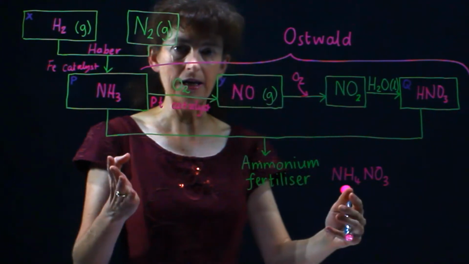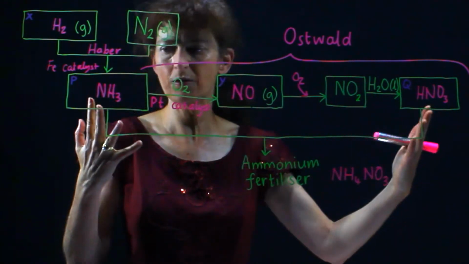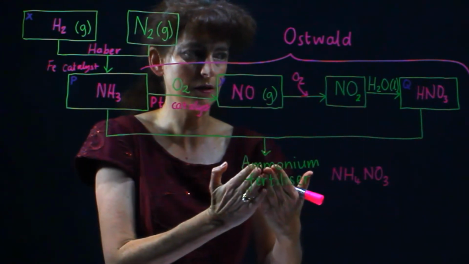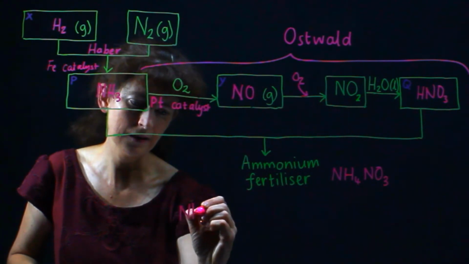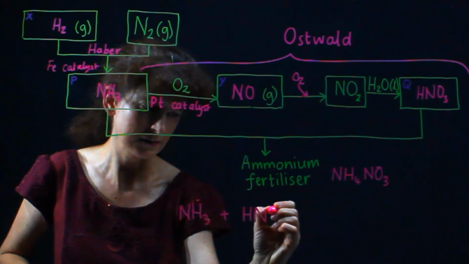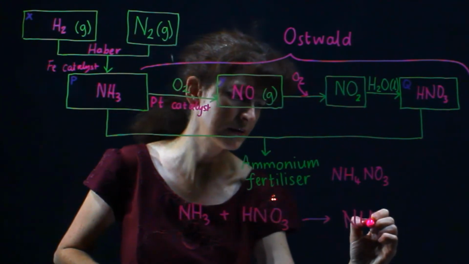Then we're asked to give the balanced equation of this reaction. And as I said before, just by inspection, you can see that that's a very easy question. So we have ammonia reacting with nitric acid to form ammonium nitrate.